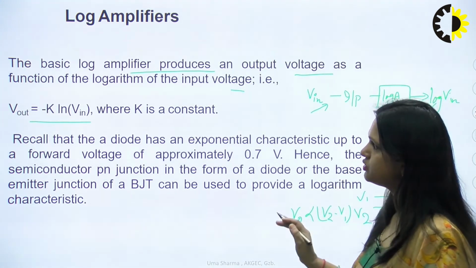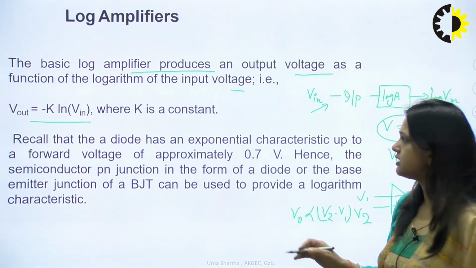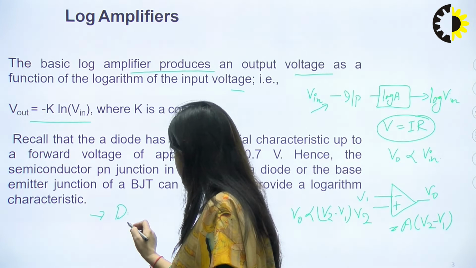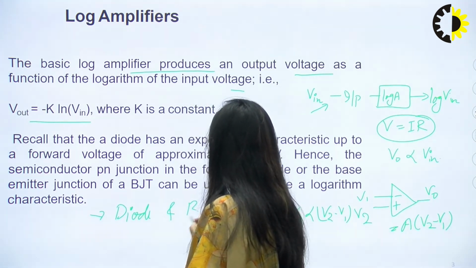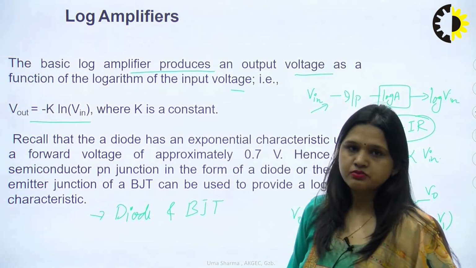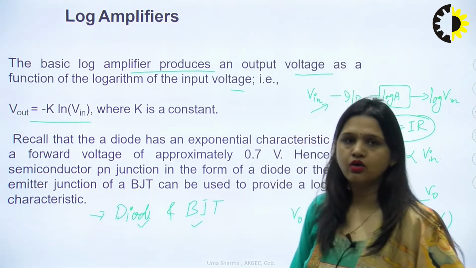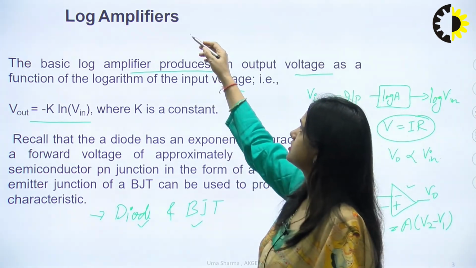If we talk about non-linear components, in electronics there are two basic ones: one is the diode and the second is the BJT. They have a non-linear relation between input and output. So if we use a diode or BJT along with the operational amplifier, we can easily implement a logarithmic amplifier.